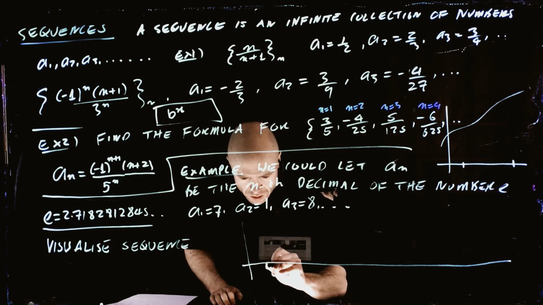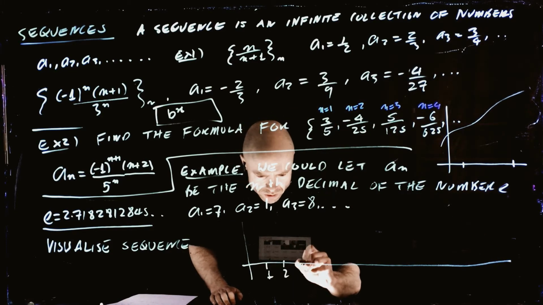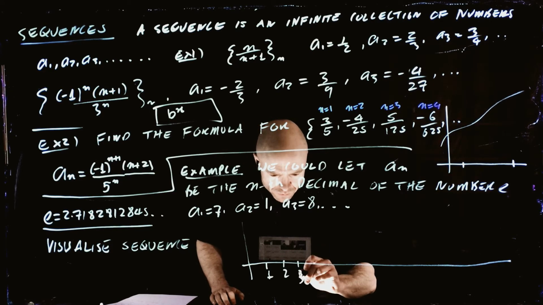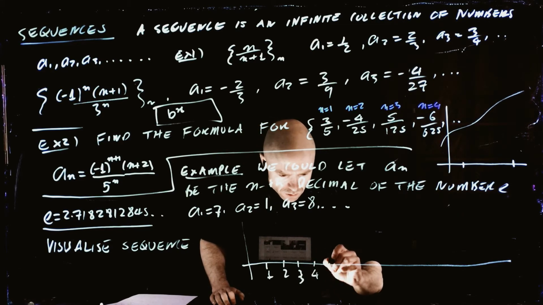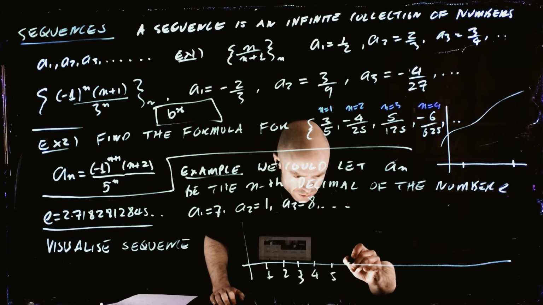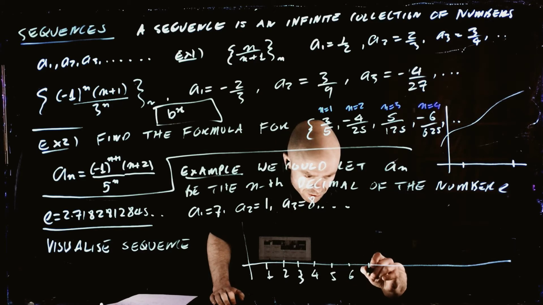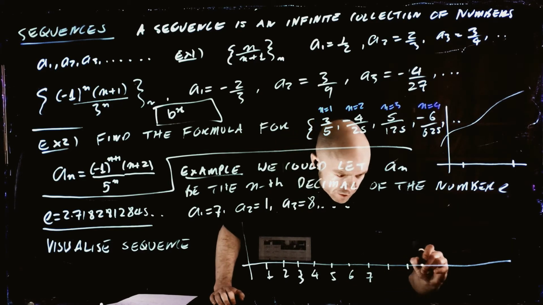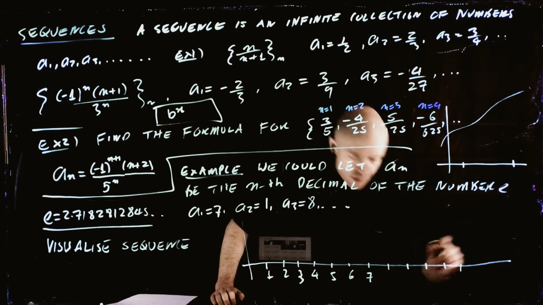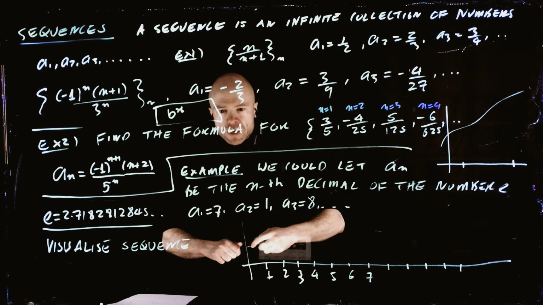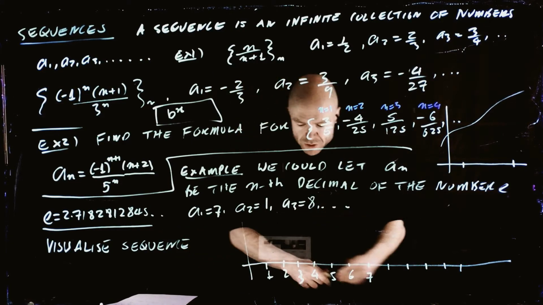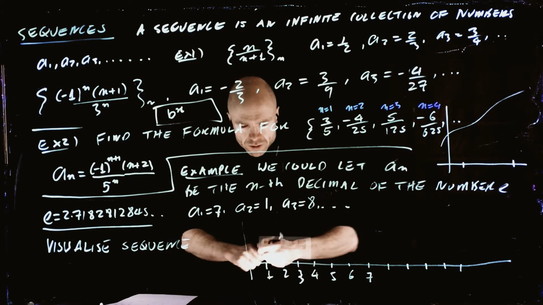And then here at 1, here we have 2, here we have 3, here we have 4, and so on and so on. And for each integer, we have that an is some particular number. So we're going to just plot that number on the y-axis.